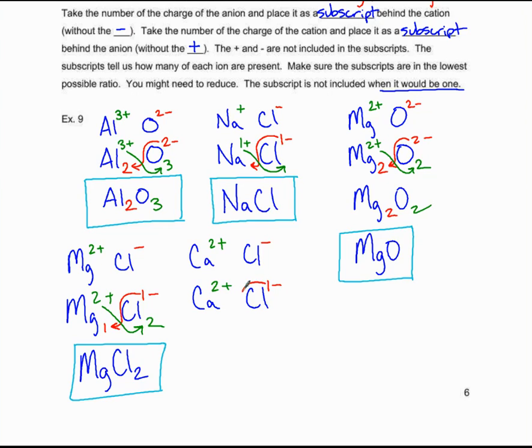We take this number and we put it over here. We take this number and we put it over here. And then we just rewrite it in a place where the charges aren't going to show up and the ones aren't going to show up. We're going to simplify it. CaCl2. That's how we're finding our formula.